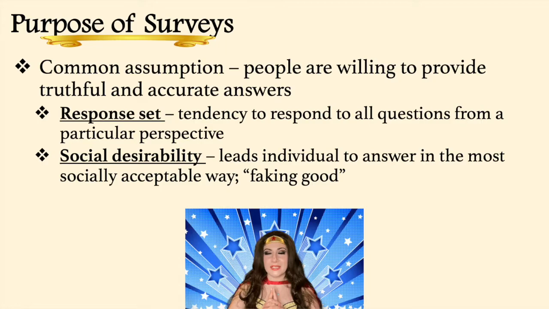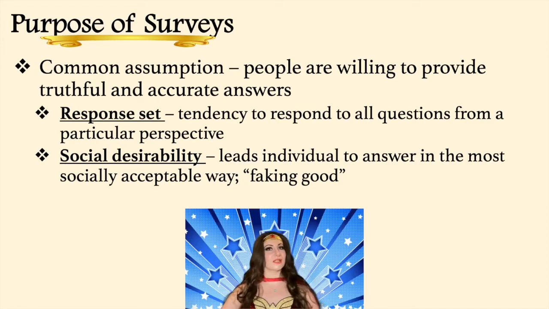Another thing to watch out for is social desirability. Social desirability is basically trying to look like a better person to the researcher. This leads the individual to answer in the most socially acceptable way. In quotes, faking that you are good. Not to say that the participants are not good, but in terms of asking questions like, how many speeding tickets have you gotten in the past 2 years? Obviously, getting a speeding ticket is not something to be proud of, and so people may lie just to look more socially desirable.